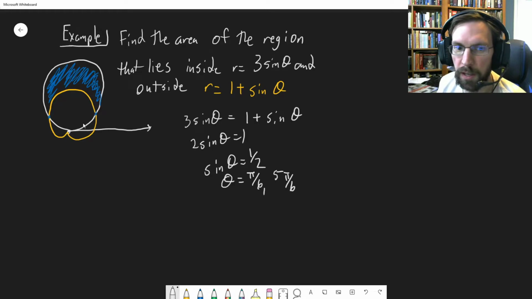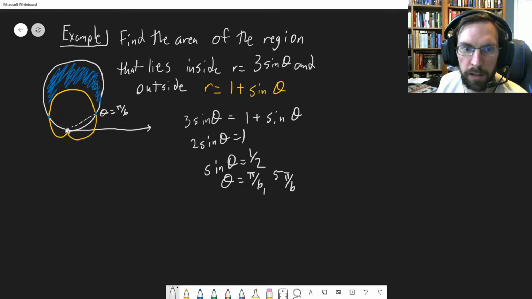Okay, so this angle right here should be theta equals pi over 6, and over here this should be theta equals 5 pi over 6.